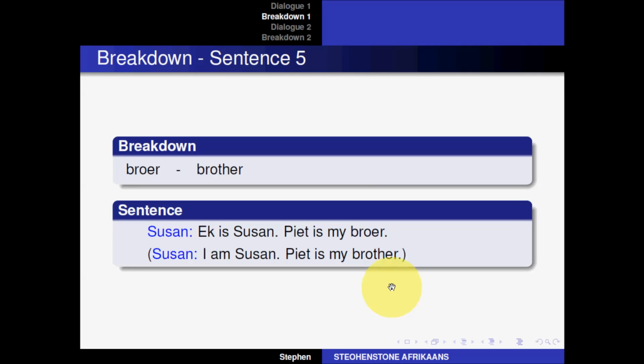So next we have the last sentence, and the only new word is the word for brother, which is broer. I'm not too concerned at this point with perfect pronunciation. We're just slowly building up vocabulary, and once we have the words, we can worry about pronouncing it perfectly.